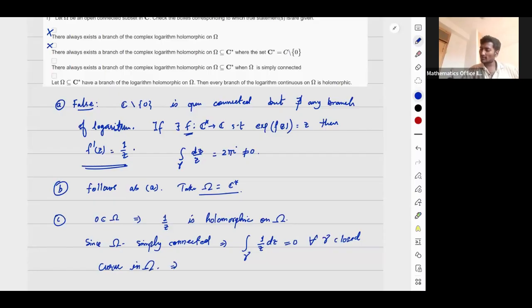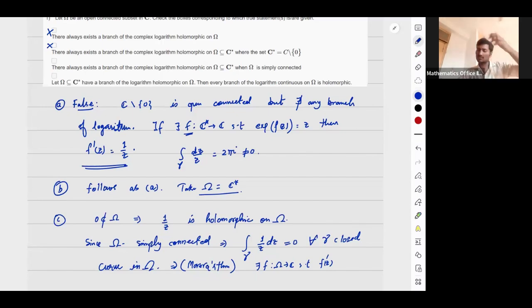This implies, using Morera theorem, the second fundamental theorem, there exists f from omega to C such that f prime of z is equal to 1 by z.